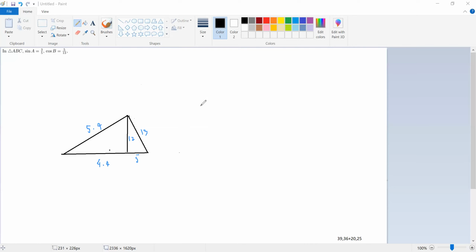Now we're going to use something called the law of cosines. Let's call this side c, this side a, and this side b.